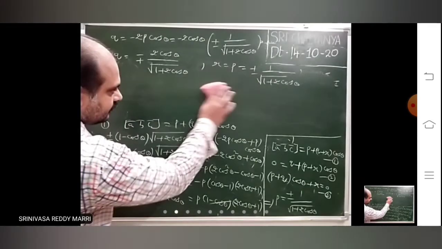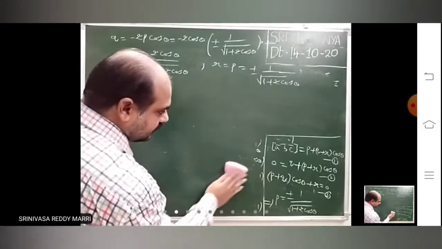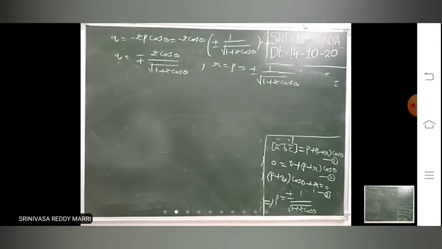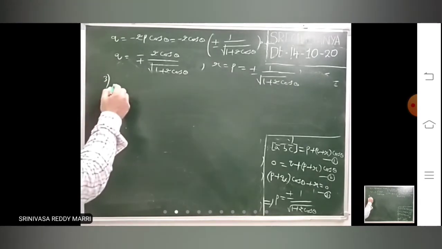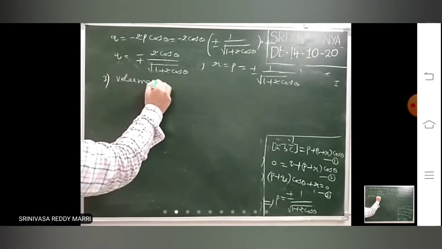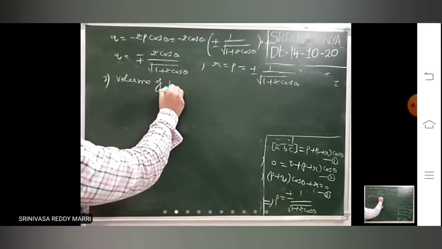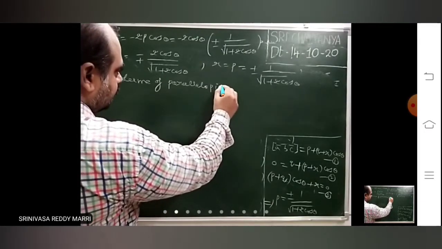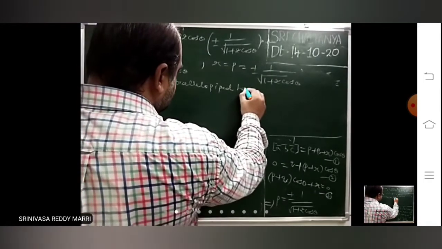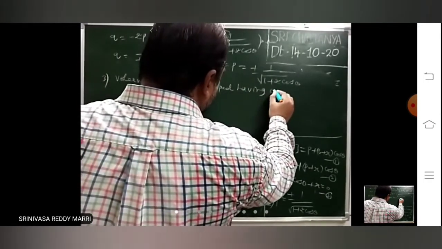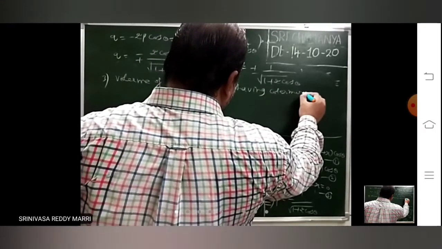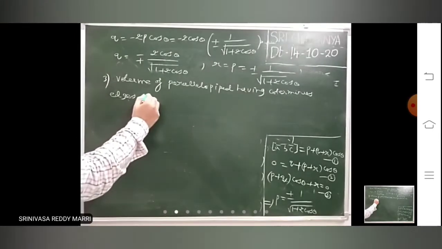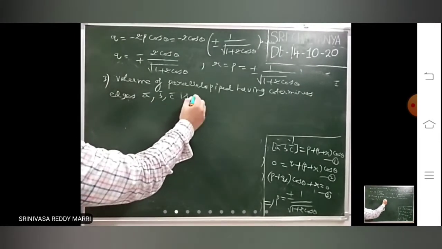Third question is asking the volume of the parallelepiped having coterminous edges A bar, B bar, C bar.